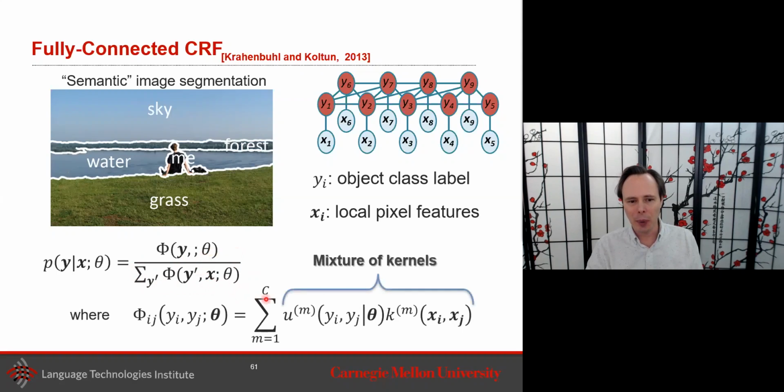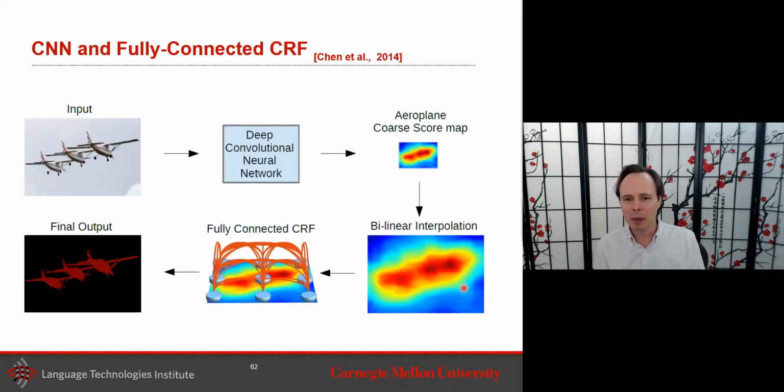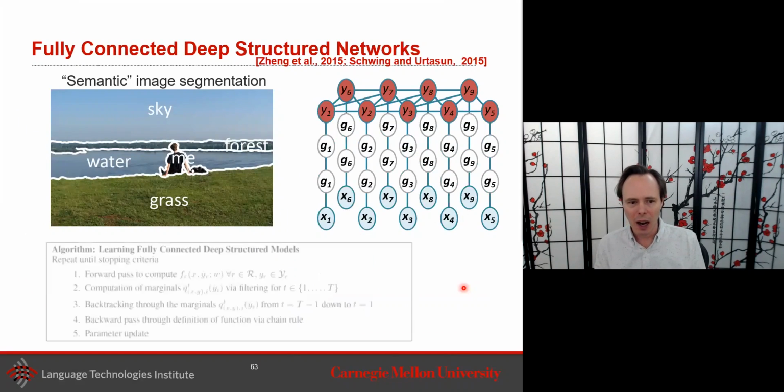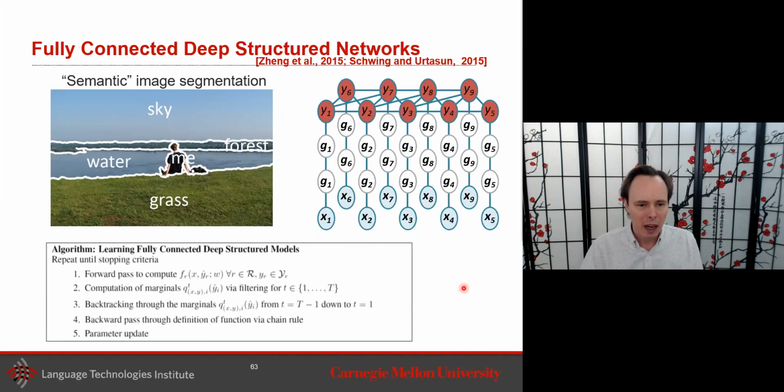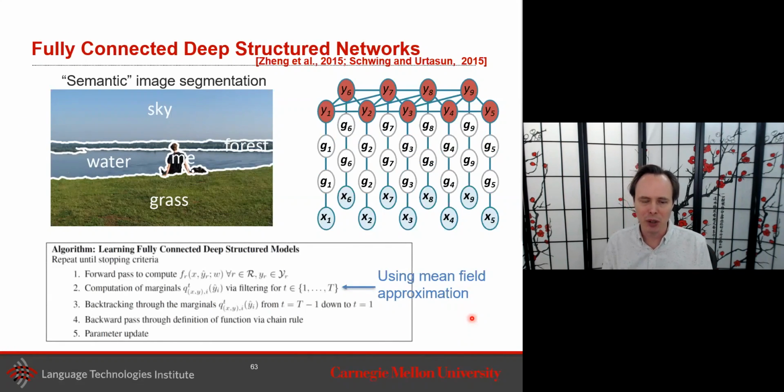And so what I will do is, in fact, look at it as a mixture of kernels. And if I do the optimization for this, I often end up doing it with an approximation using the mean field approximation. We'll discuss the mean field approximation a little bit in the next lecture, when we discuss the variational autoencoder.